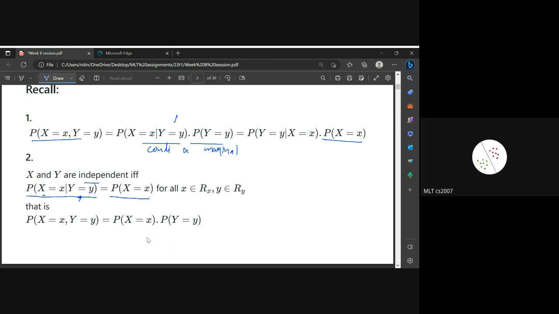If you put this conditional value here, you can see that the joint distribution should be the product of the marginals, for all x and y. This is the condition of independence of two random variables X and Y. If this condition holds for all x, y, we call X and Y independent, and if X and Y are independent, then this condition holds. So it's true both ways around.